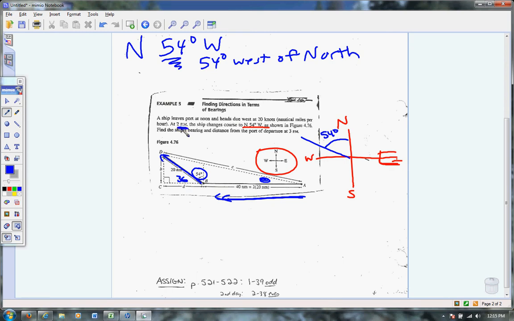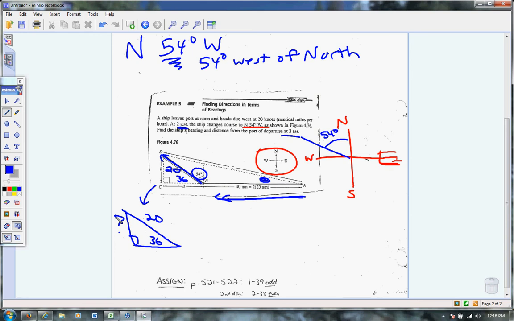It changed course at 2. It did that for 1 hour, so you can see on my picture here, this side, this hypotenuse, is 20. So look what I've got. I now have this triangle labeled with 2 of the 3. This is 20, this is 36.